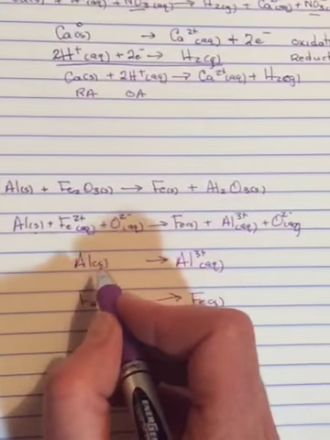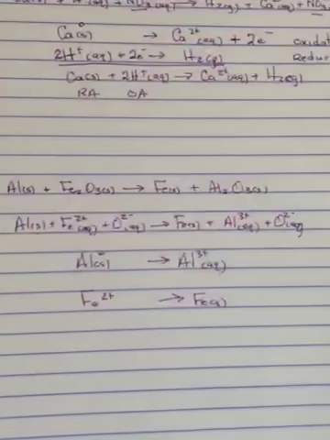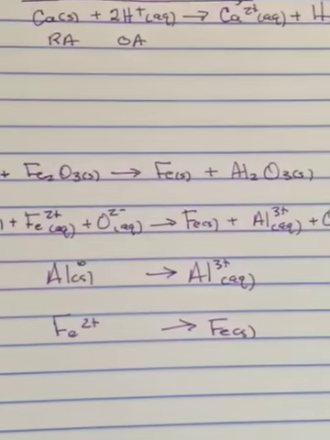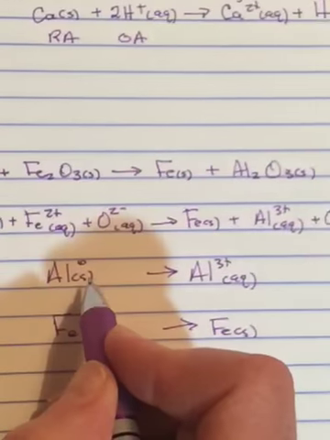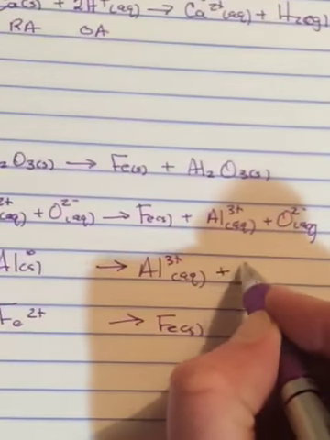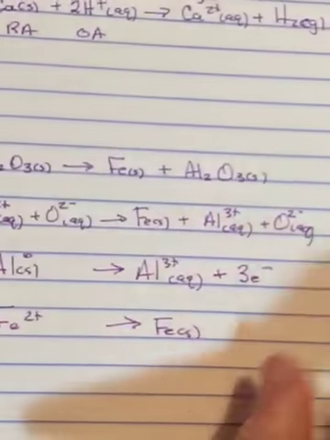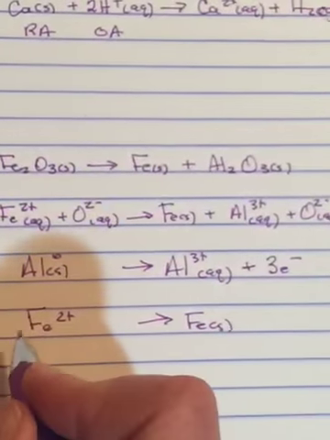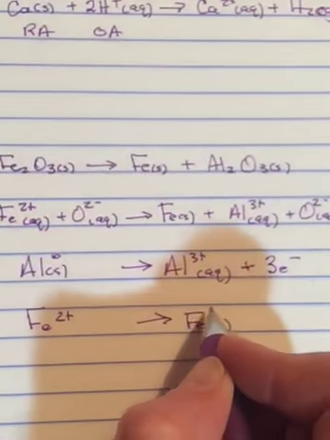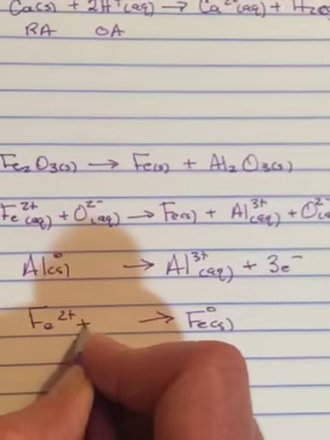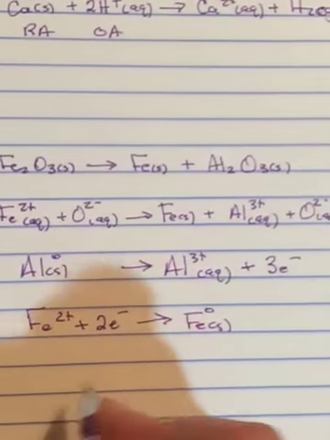All right, where do I add my electrons? So for the aluminum, this side is 0. This goes to 3 positive. So to make the sides balance, I need to add 3 here. For iron, this side is 2 positive. This is 0. So to make it balance, I need to add 2 here.